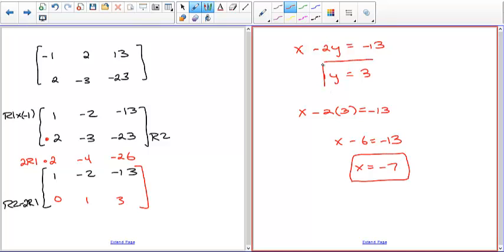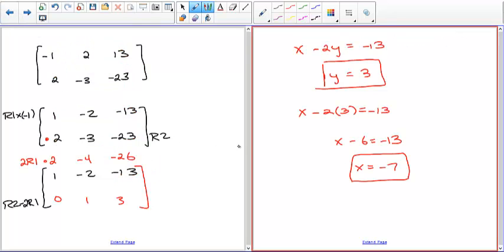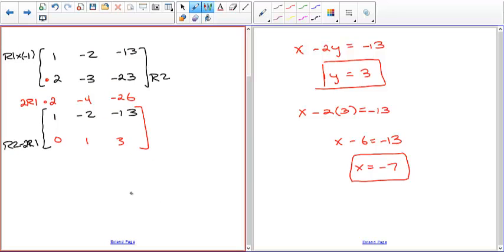Now, when I ask you to use the next method, which is going to be called Gauss-Jordan elimination, you just got one more step to do. And that step is to take this matrix. So I wrote that down for you, but I'm just going to continue on here.